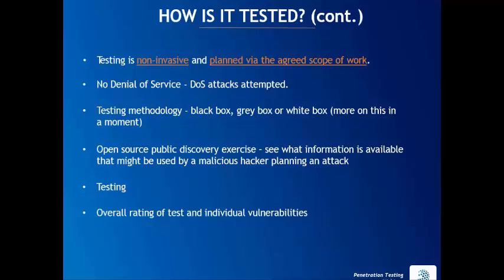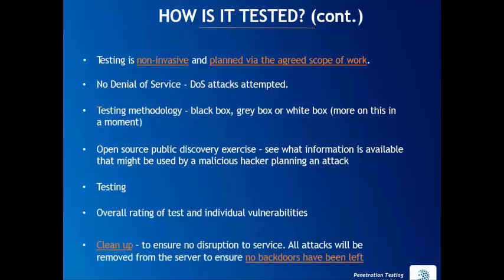We would rate it in a number of different ways. The worst would be critical, then high, medium, and low. We give an overall rating for the site, and then we give individual ratings for each of the vulnerabilities found.